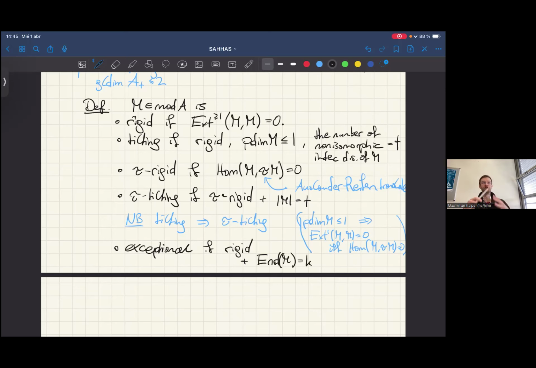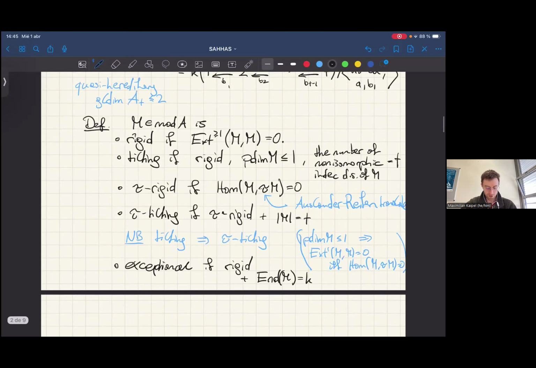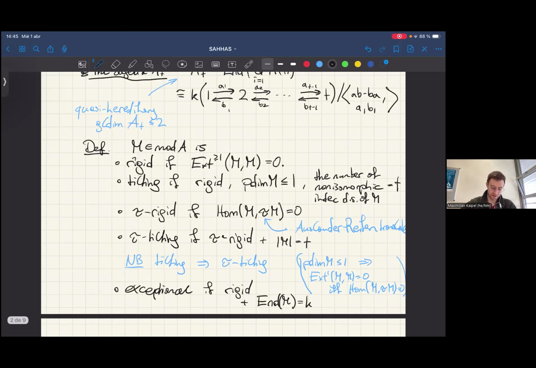So that means that it has no non-trivial endomorphisms. And that will be all of the classes of modules that we will need.